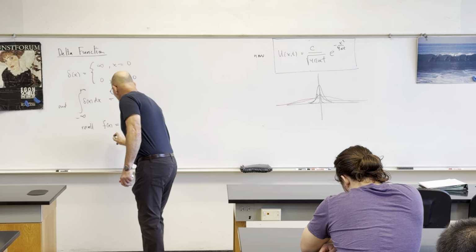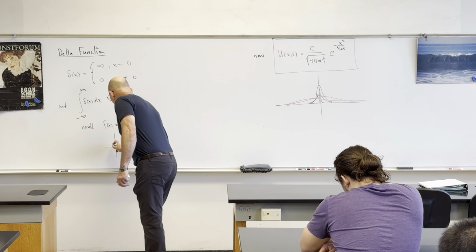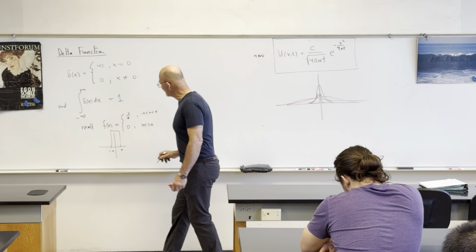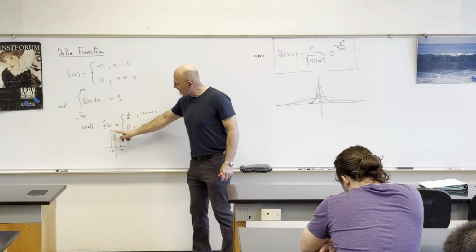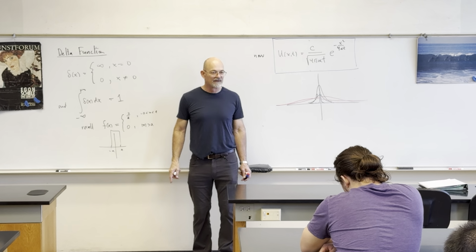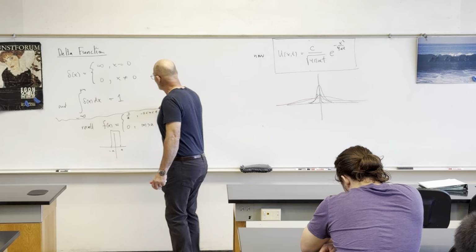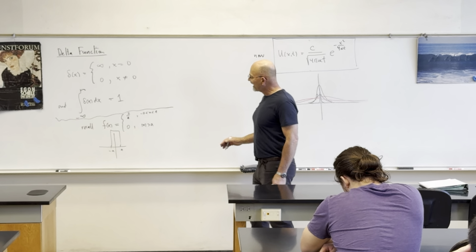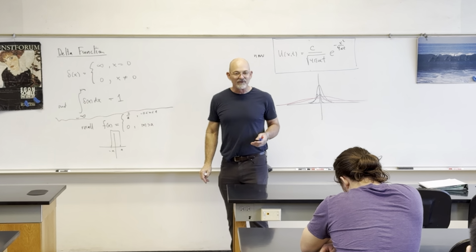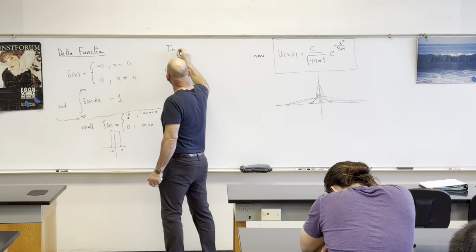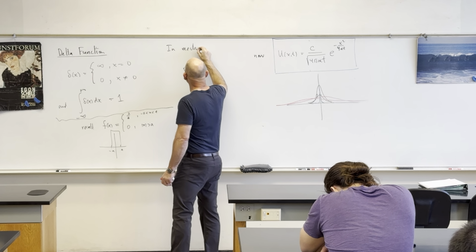So we've been looking at these kind of spikes for a while, minus a to a. The point of this construction was that the area under it was equal to 1. And we had done some Fourier business with that. So we've seen something like that before, but we hadn't really taken that limit a goes to 0. So in mechanics, we have something similar.